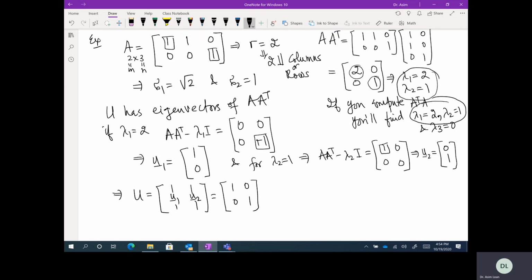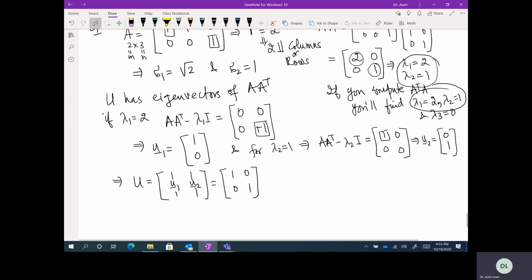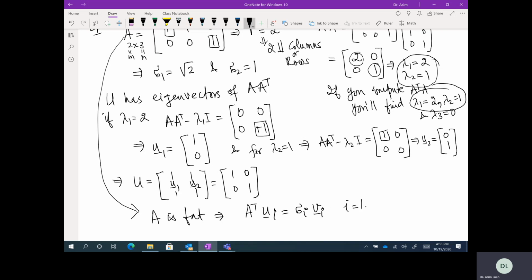And since A is a fat matrix, I can use A transpose Ui equals sigma i Vi for i equal to 1 up to R, and R is 2.